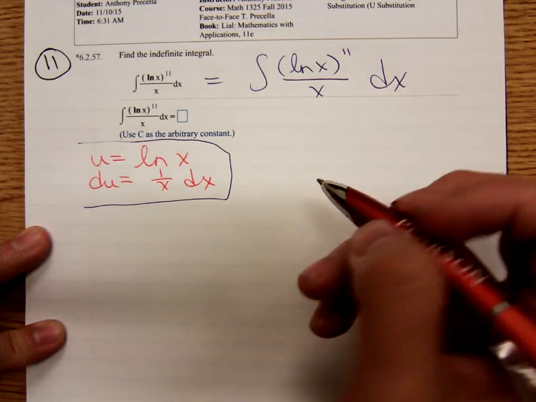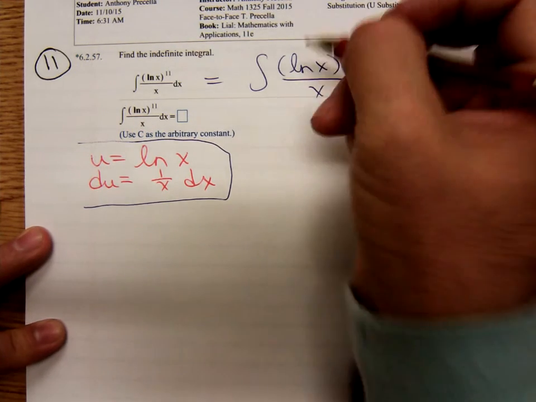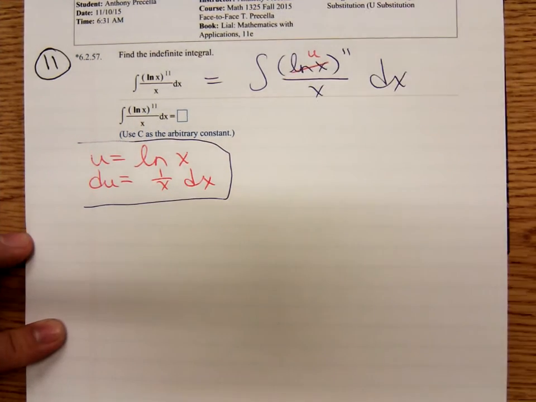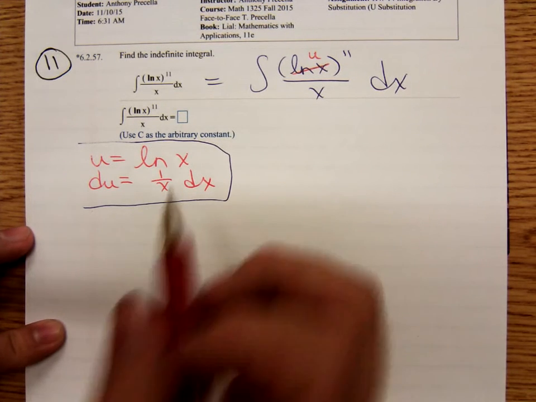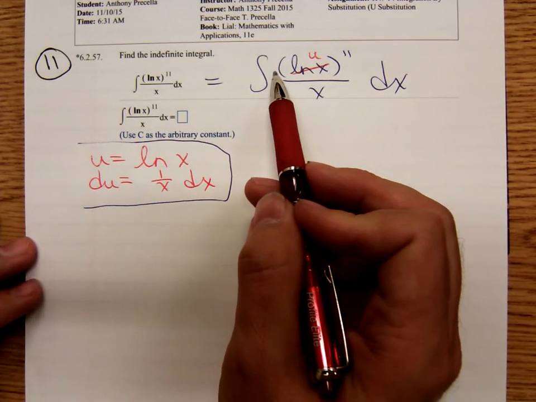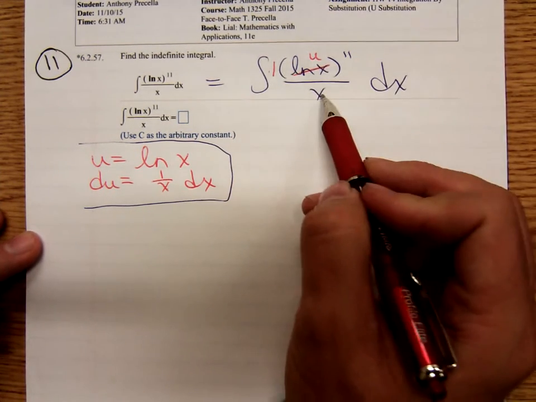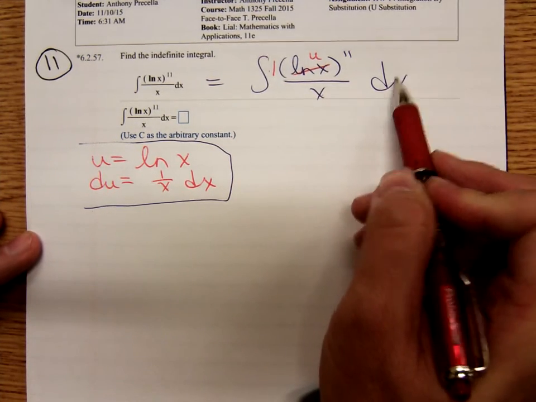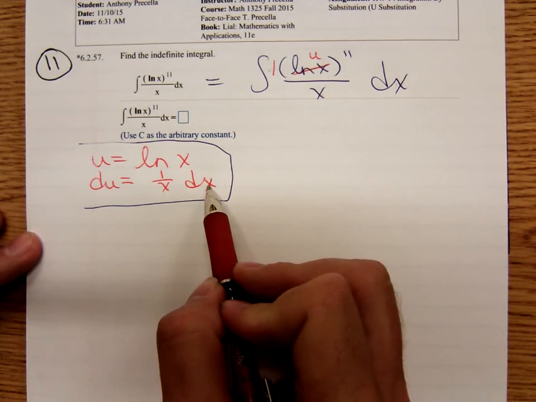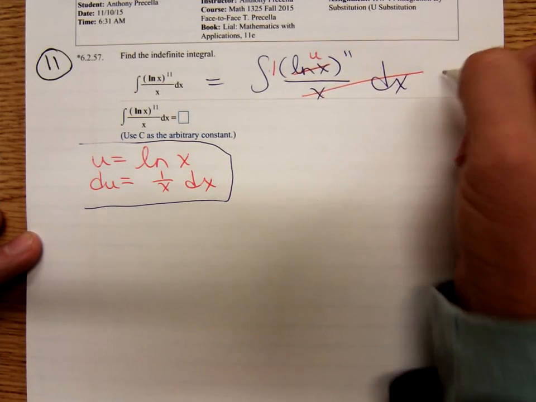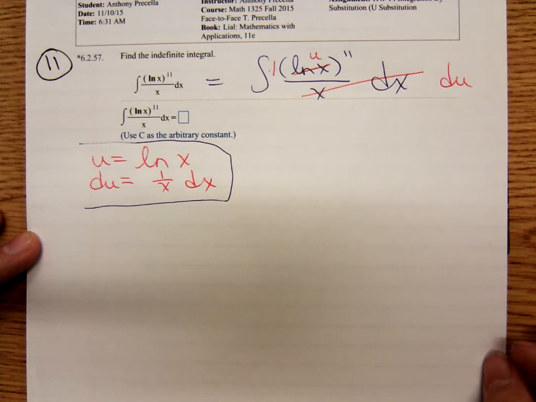So the ln x is becoming u. And then 1 over x, well, there's an assumed coefficient of 1 in the numerator. 1 over x dx is going to all be replaced with just du. I think it fell out very nicely.